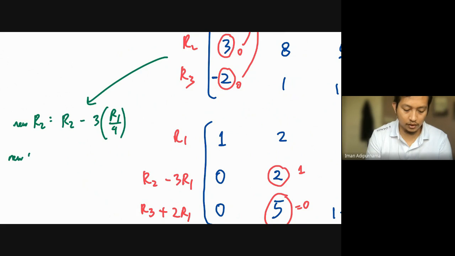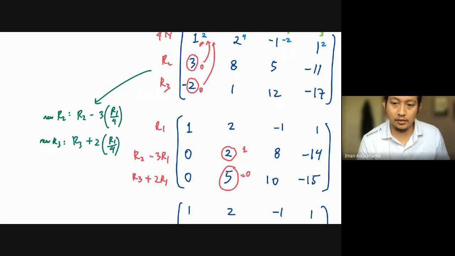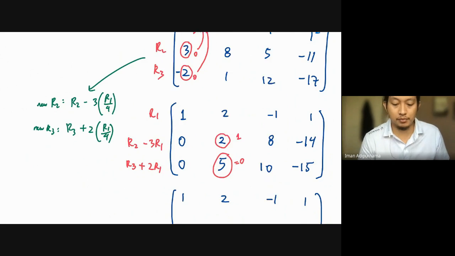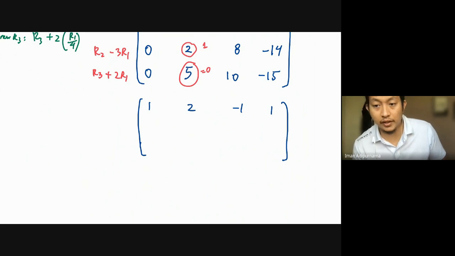And the R3, if you like to combine these two processes, is R3 plus 2 R1 divided by 4. I'm just going to show you the process one by one inside the whole equations. But in your calculations, if you want to do it faster and you can do some calculation in your mind, you can combine them all and just be careful. But you can do that if you like and you want to calculate faster.